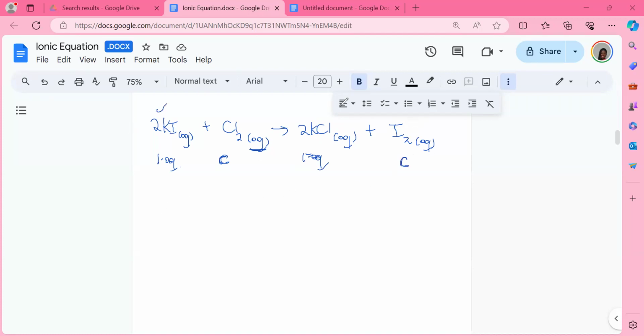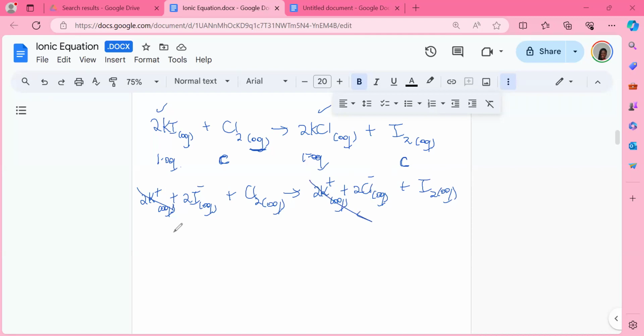So we break up these 2 compounds into ions. So we will have 2 K plus ions, 2 I minus ions. We're going to write back the Cl2 aqueous and then break up the potassium chloride into 2 K plus aqueous plus 2 Cl minus ion, and write back the I2 aqueous because it's covalent, and then we delete the spectator ions, which are going to be the potassium ion.